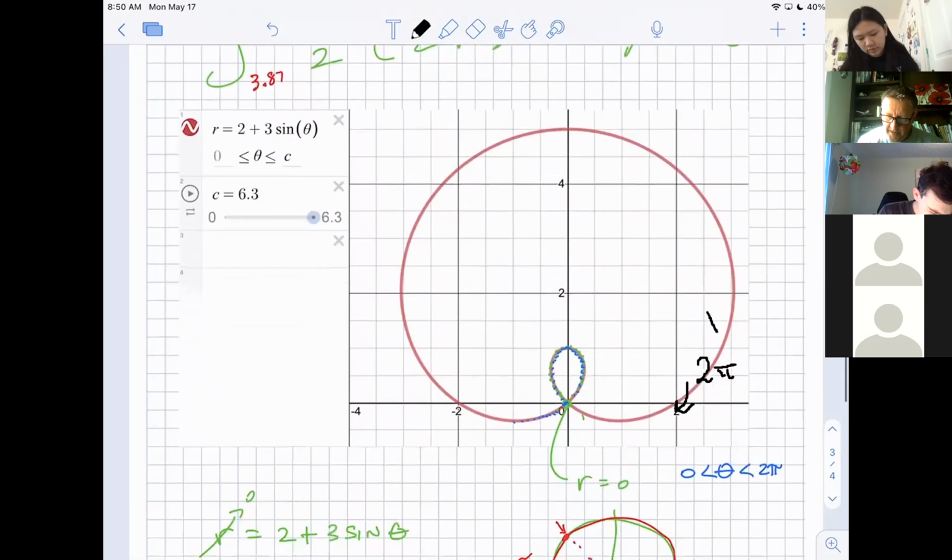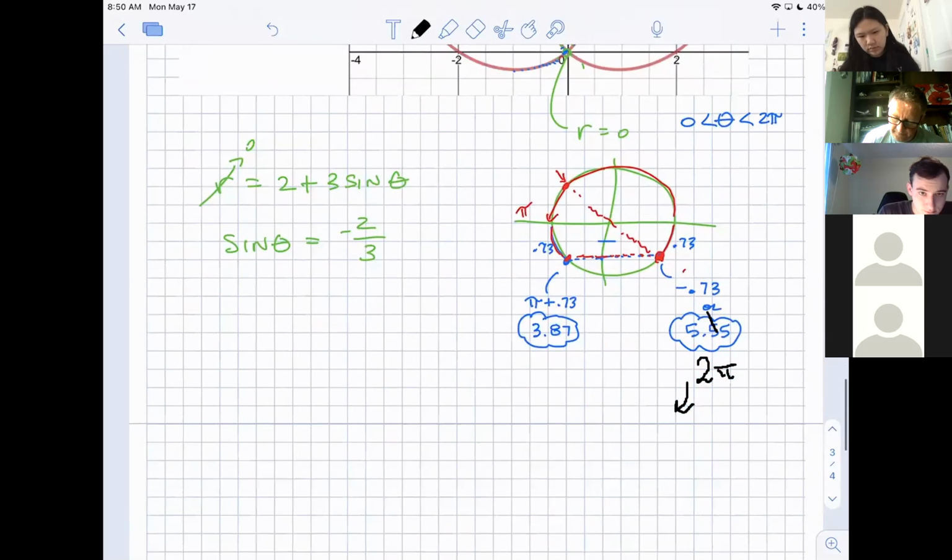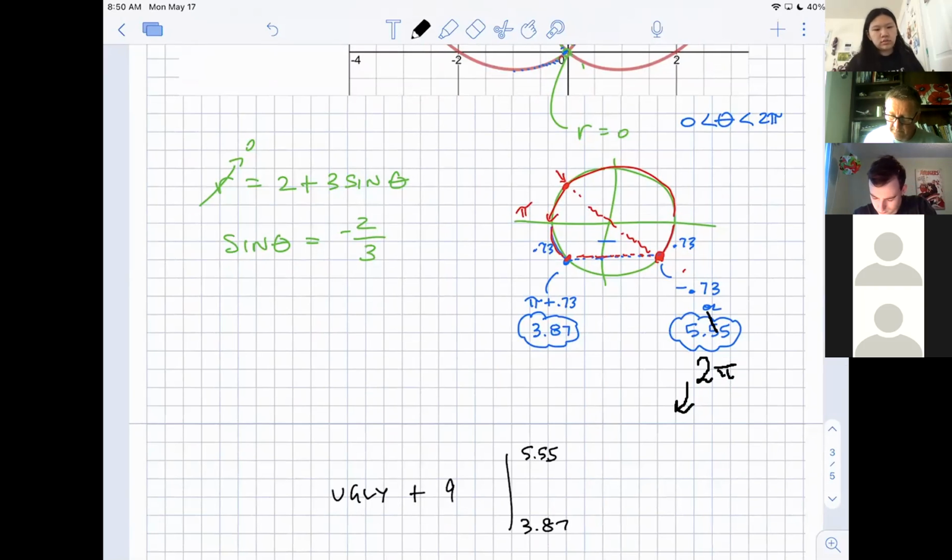Notice that once you get done with the integral, you have 5.55 to stick in, and you have 3.87 to stick in, and you get, we'll just say ugly, there's our answer, and then plus some constant, right? So we said earlier in this class that you could just ignore that if it was what mathematicians call a definite integral.